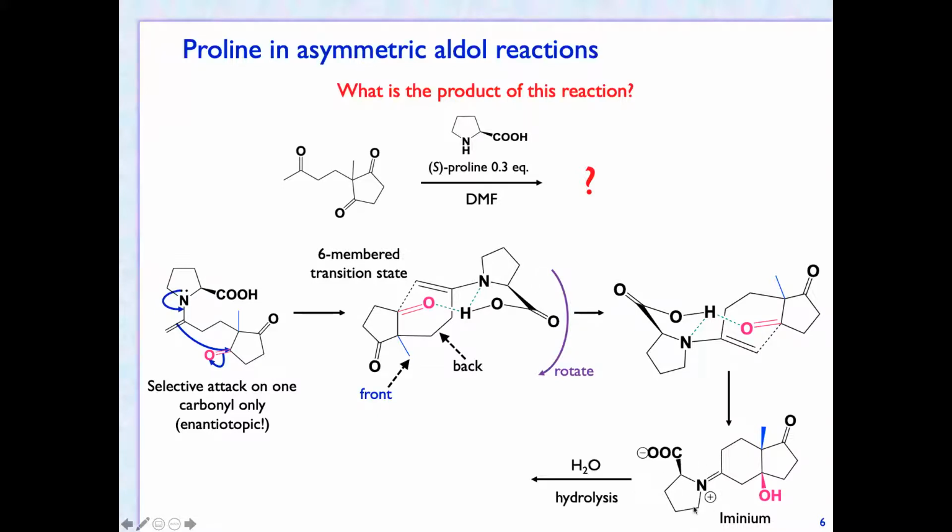So we remove our imine and we remove our proline organocatalyst with the formation of the product of the reaction, plus, of course, proline, which gets recycled. So I wouldn't ask you anything like this for the exam, but we should, let's say, at least be aware of these types of reactions.